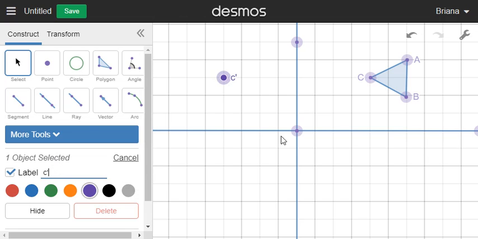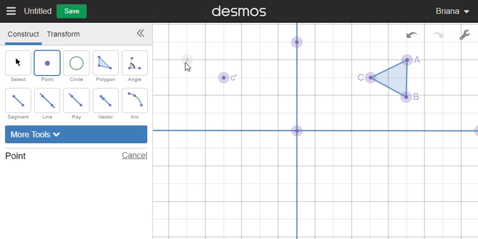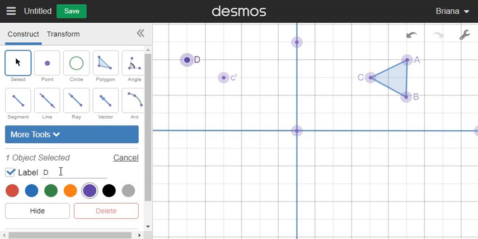Let's see if it actually moves there. A is 6 away, so I've got to stay on that line and go 6 on the other side. This is my spot here, and we'll label that A prime.